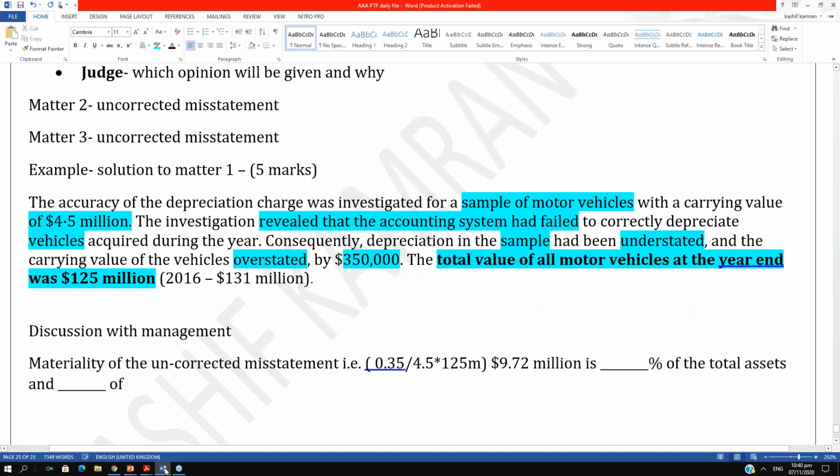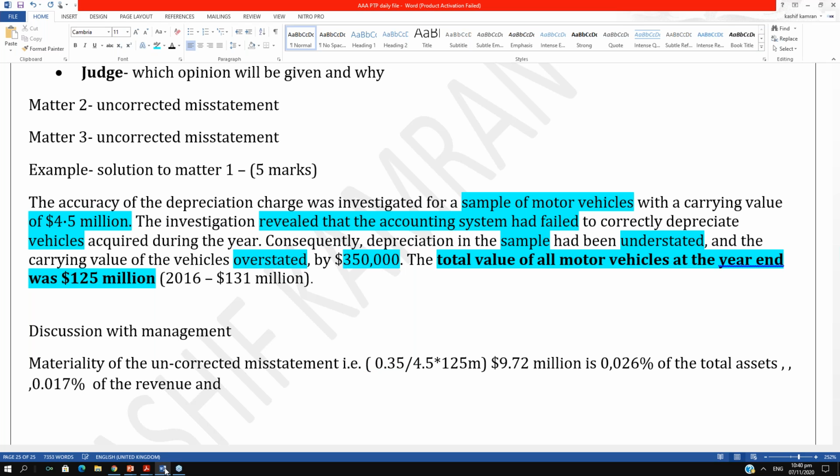Okay, let's do it. The materiality of the uncorrected misstatement, that is $9.72 million, is how much percentage of the total assets? Anyone can give me the answer? Okay, one student is giving me 0.026% of the total assets, and how much percentage of the revenue? 0.017% of the revenue.